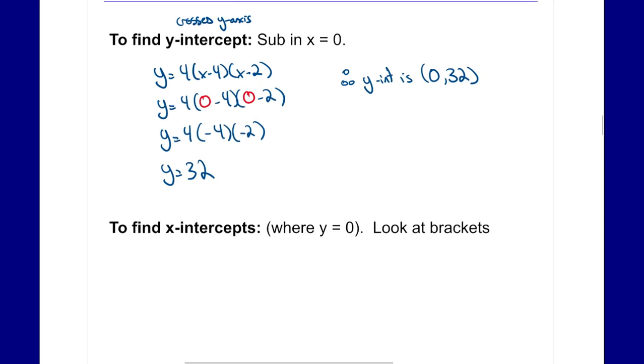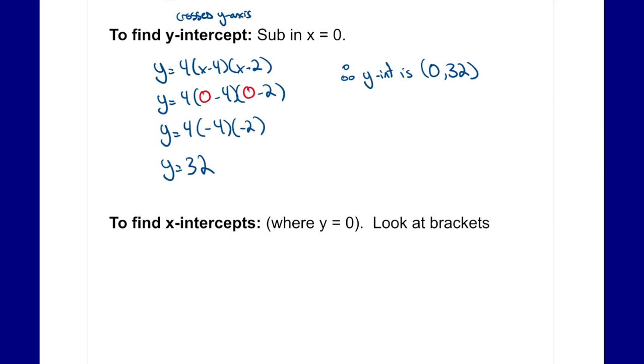Now for the x-intercepts, it's a little bit different. The x-intercepts, where it crosses the x-axis, is kind of the opposite of the y-intercept. We're going to look for when y is equal to 0.